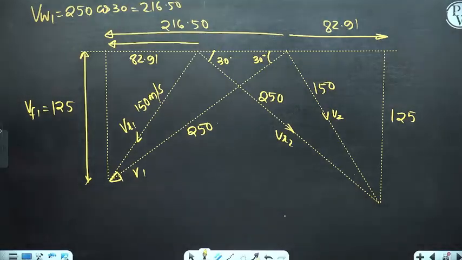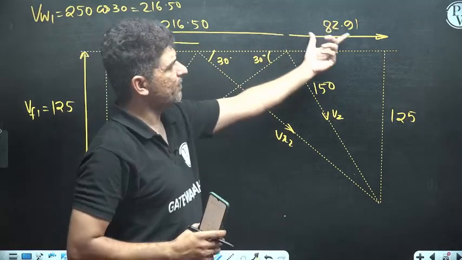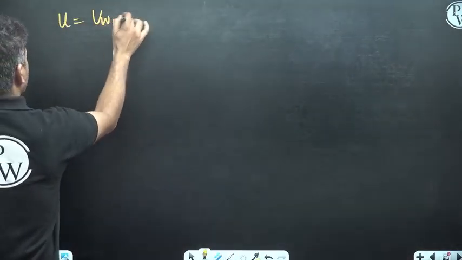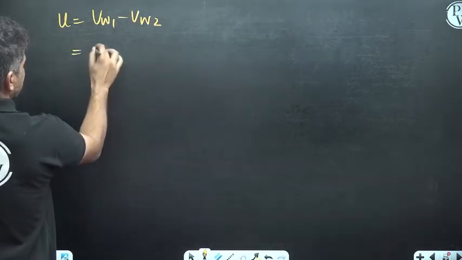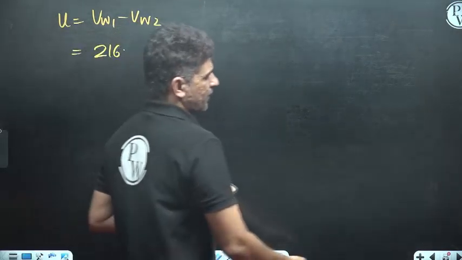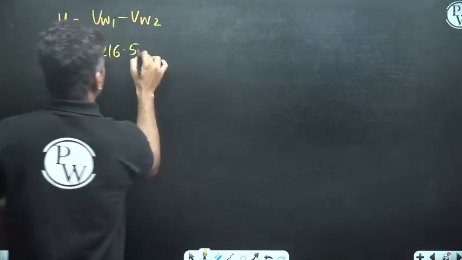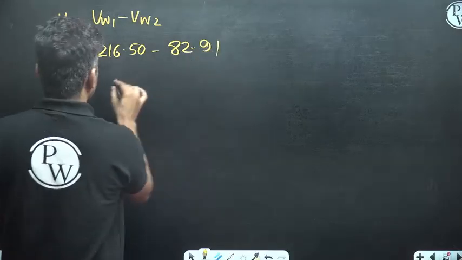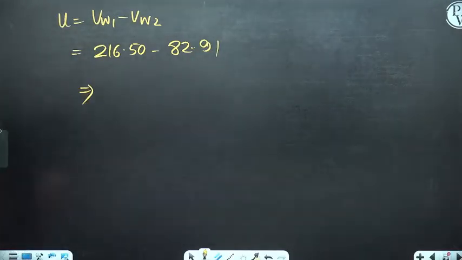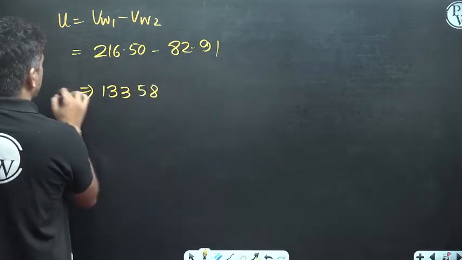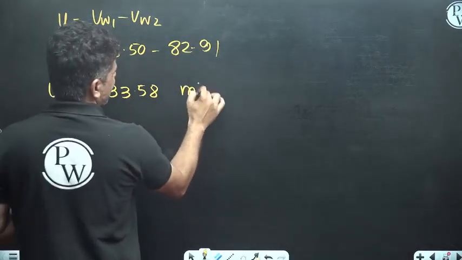Work done will be equal to VW1 plus VW2 multiplied by U. So we will calculate U. U will be equal to VW1 minus VW2, that is equal to 216.50 minus 82.91. So this comes out to be 133.58. So 133.58 meter per second is your U.